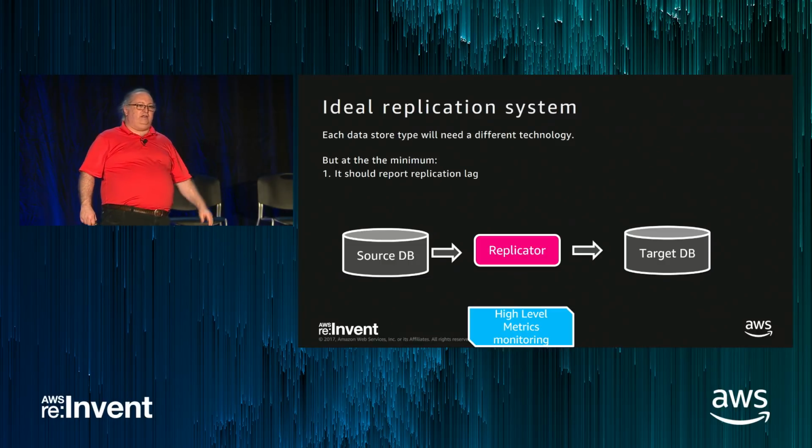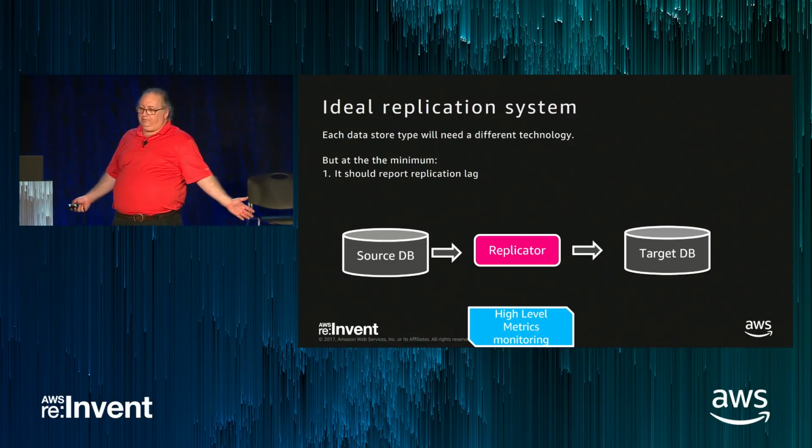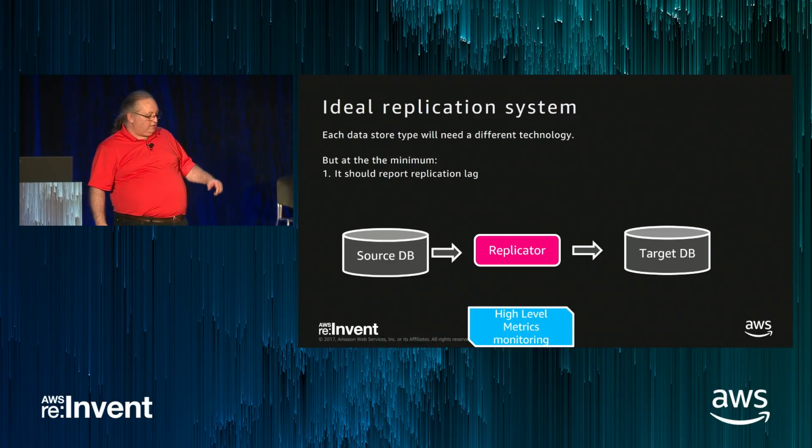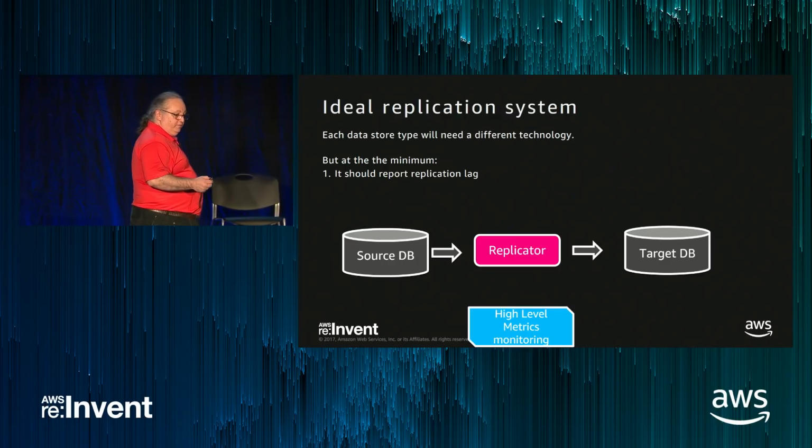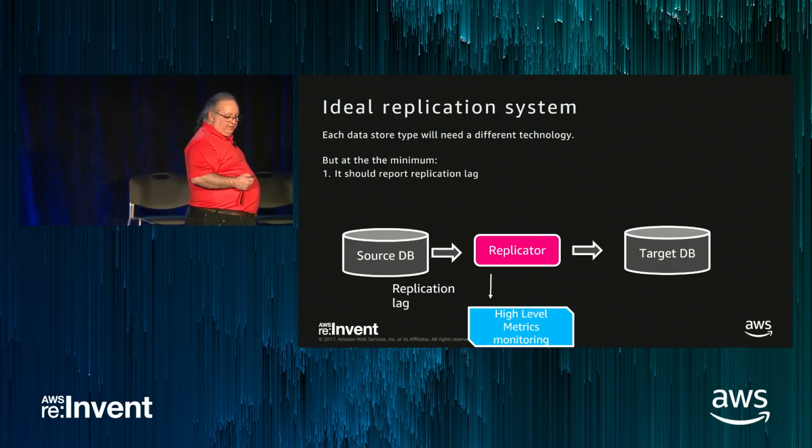A good non-database example of this is S3 replication. You can get the lag there, but S3 does not guarantee a delivery time. Sometimes it's very fast, but if you have giant multimedia objects, it could take minutes for S3 to replicate to a remote region. But you need to report that lag.